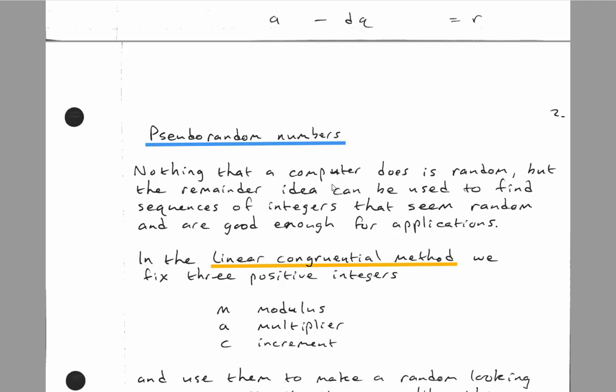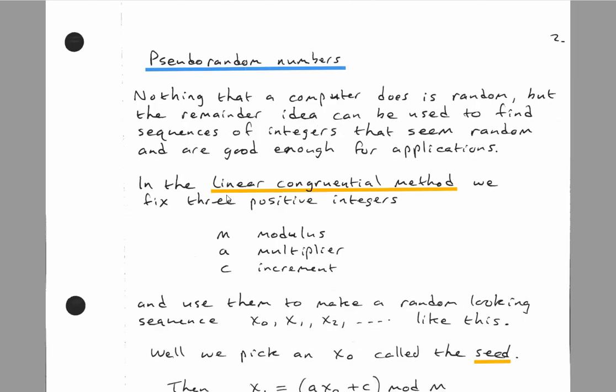There's nothing random about a computer following a program, but we can kind of simulate randomness, and that's what's happening here. So we use this linear congruential method to make sequences of random looking numbers.